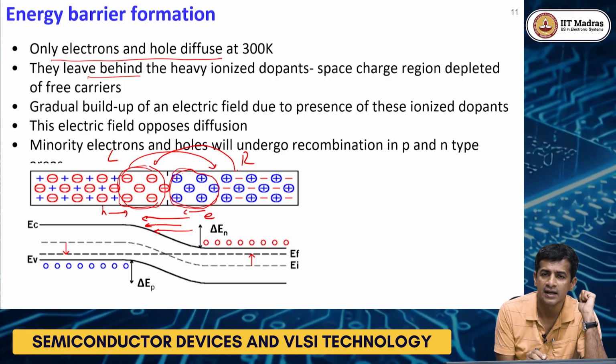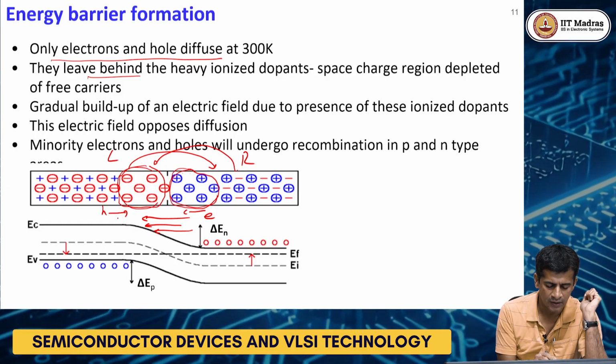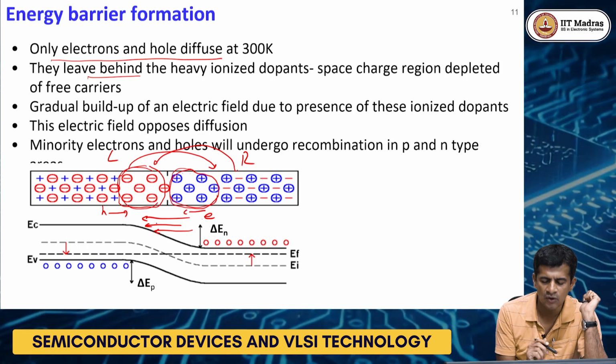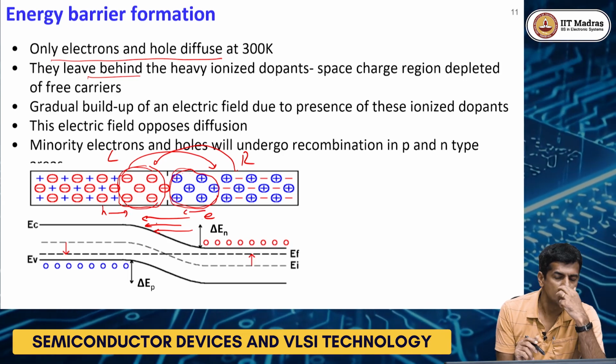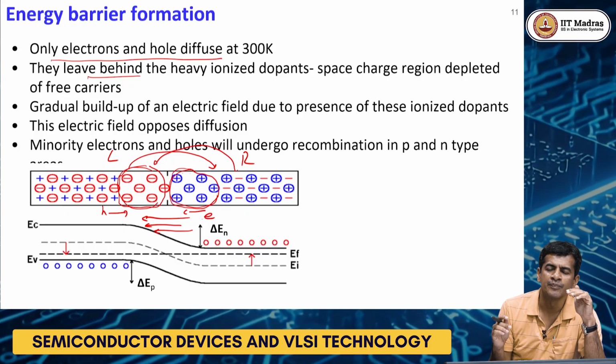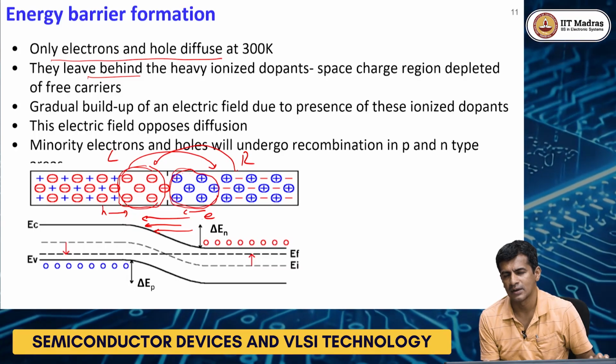Now, what does the electric field do to the diffusing species? The holes will see an opposing electric field. The electrons will also see an opposing electric field. So this buildup of electric field is going to counter the diffusion phenomenon.